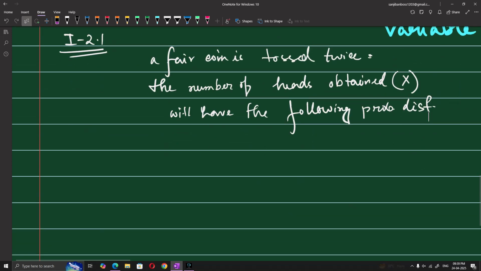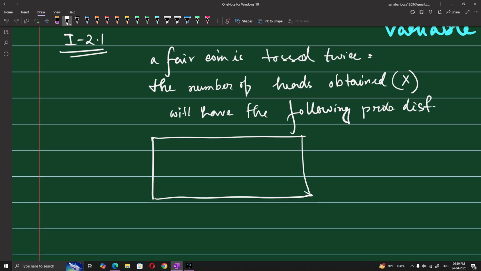And let's create a table. Value of x, this is value of x. Sorry, this should not be done.